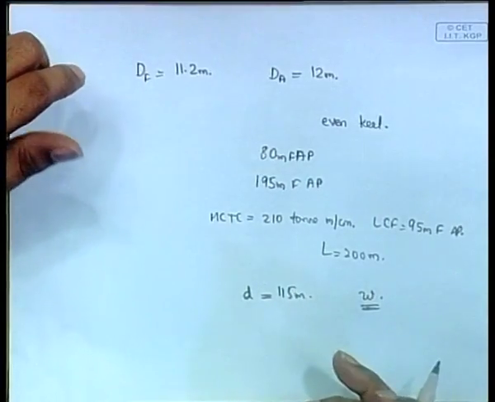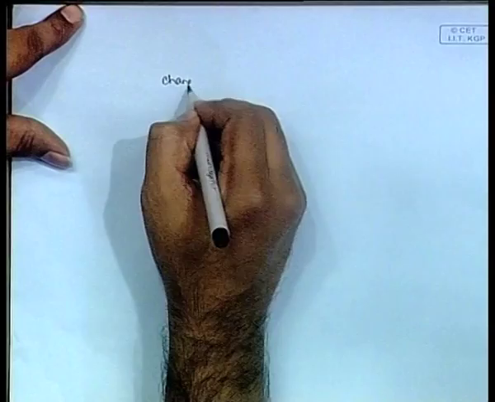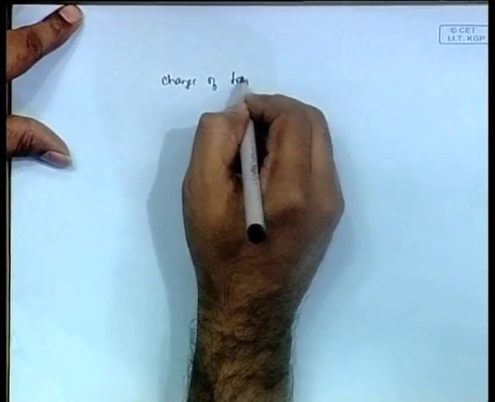We are finding the minimum amount of motion required to produce an even keel, which can happen in many ways. The drafts are 12 and 11.2, so that much trim has to happen, whichever way it happens, whether this goes down a little and this goes up a little, or this goes down completely.